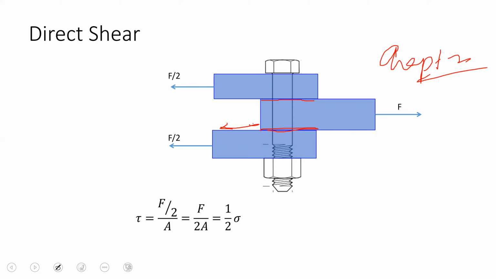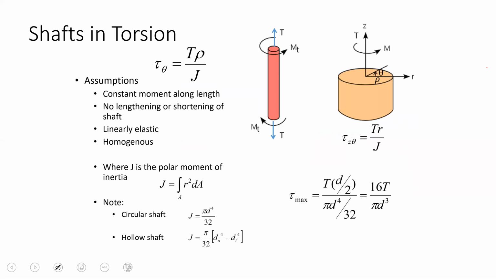For this one, right? And then in chapter 3, we discussed torsion, and torsion was T rho over J, and then we discussed theta, which was TL over GJ. Theta was the angular deformation against some particular torsional loads.